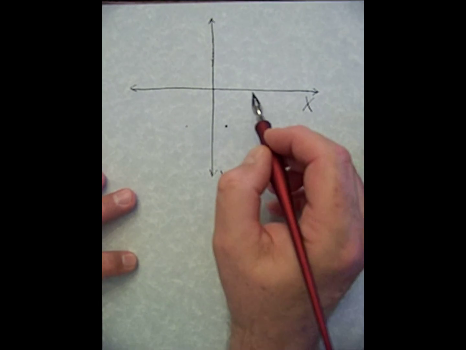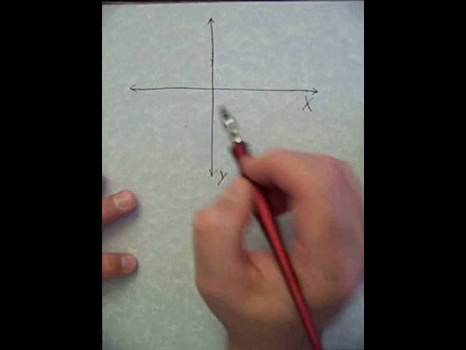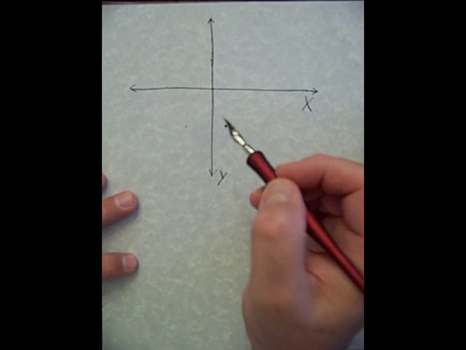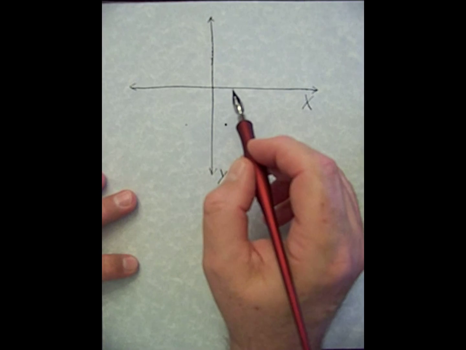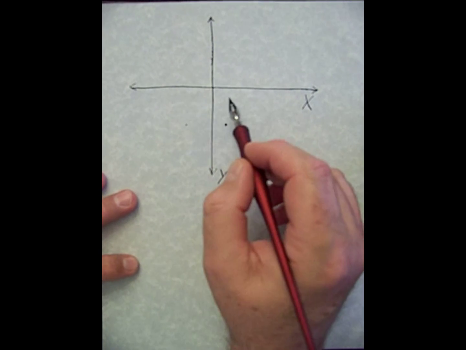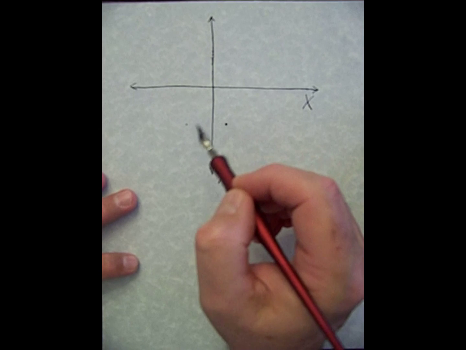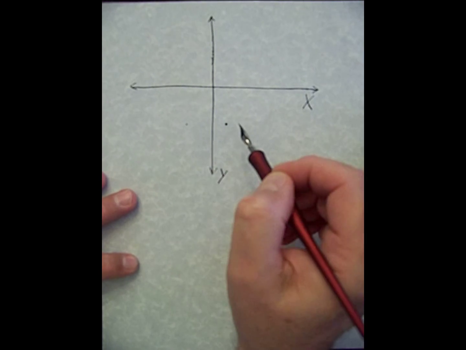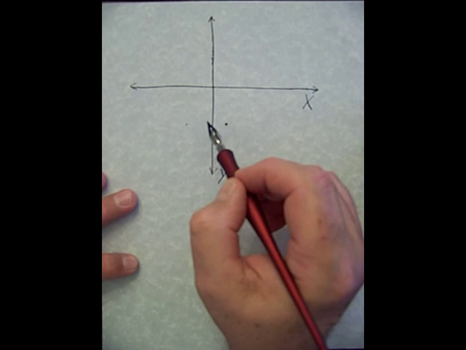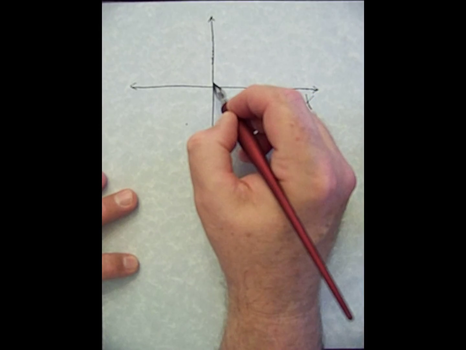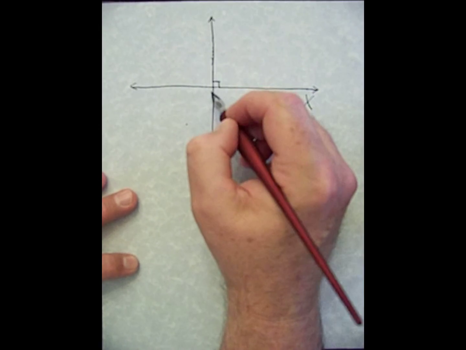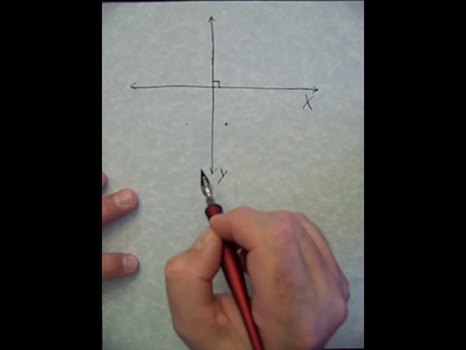So here you have 2 orthogonal vectors. Orthogonal means simply that the scalar product of the 2 vectors is equal to 0. What that means in 2-dimensional space or 3-dimensional space is that they're at right angles to each other. So we have a right angle here between x and y.